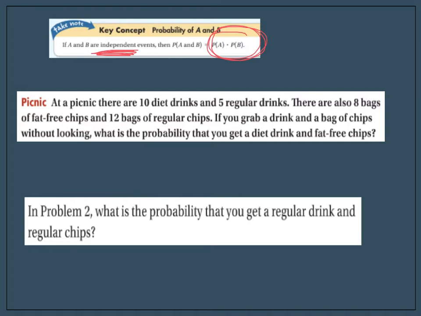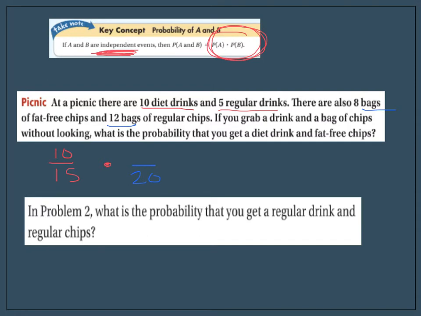So first I'm just going to look at my diet drink. First, I have 15 total. So I'm going to put 15 on the bottom here. And 10 of those are diet. So that's my first probability because the drinks do not affect the chips. And then I look at my chips. I have 8 fat-free and 12 regular, so that's going to be a total of 20.